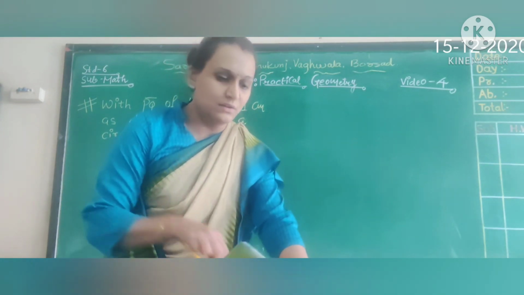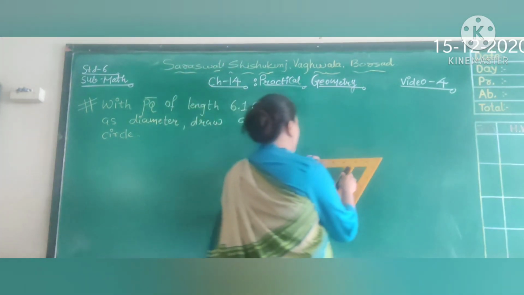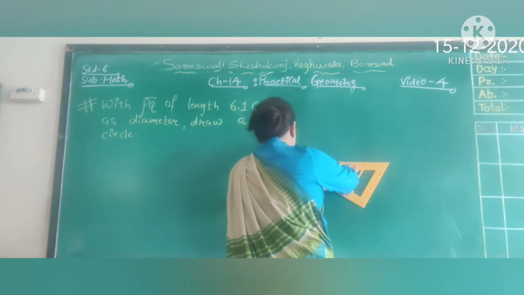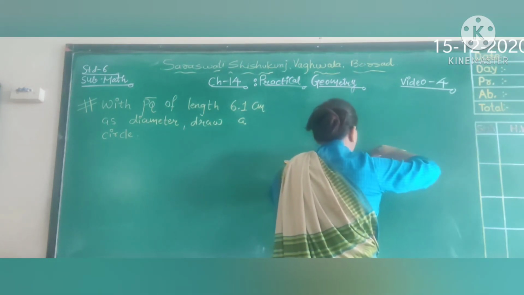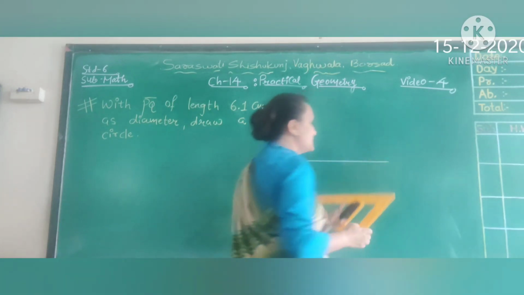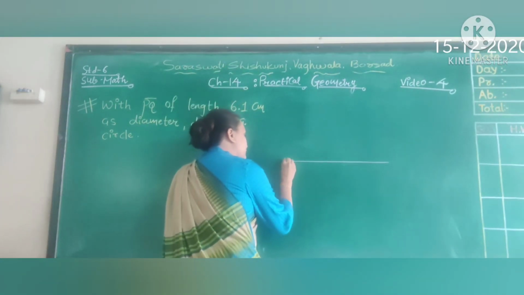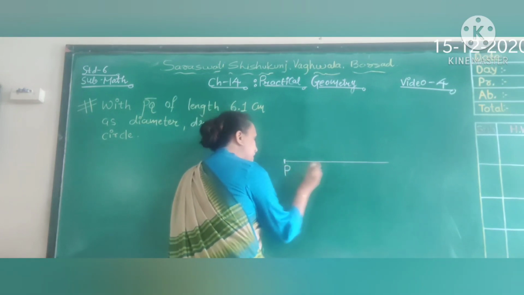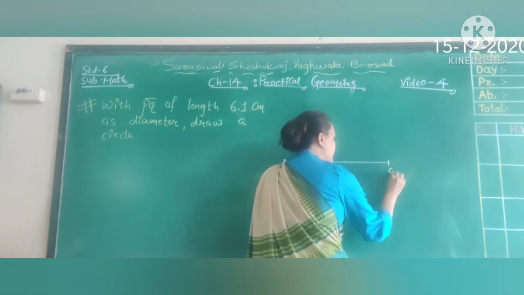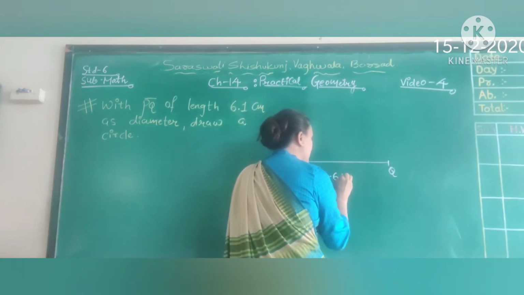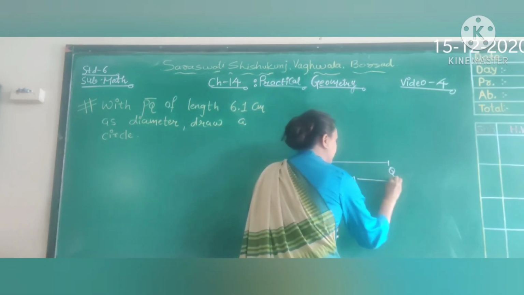So first we have to take 6.1 centimeter with the help of a scale. Okay. 6.1 means 6 and the smaller line after 6. So let us name it as P and Q, and this much is your 6.1 centimeter.